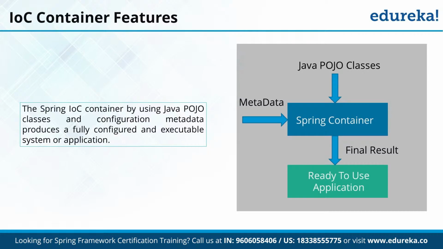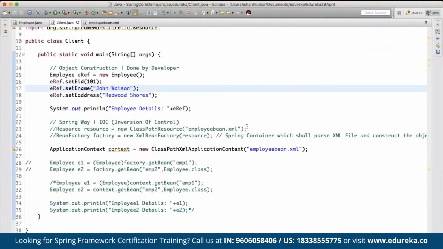So what we do, we give the metadata and the POJO information to the Spring container, right? So if you can notice over here, what we have given, we have given the XML file that's like metadata, and we are mentioning what is the type, right?